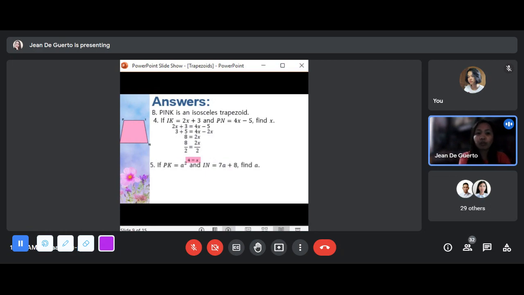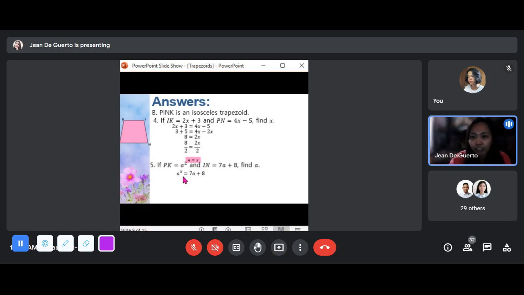So basically, yung equation ninyo, ganun lang sa number 4. Number 1, number 2, number 4. So yung equation nyo, ganyan.